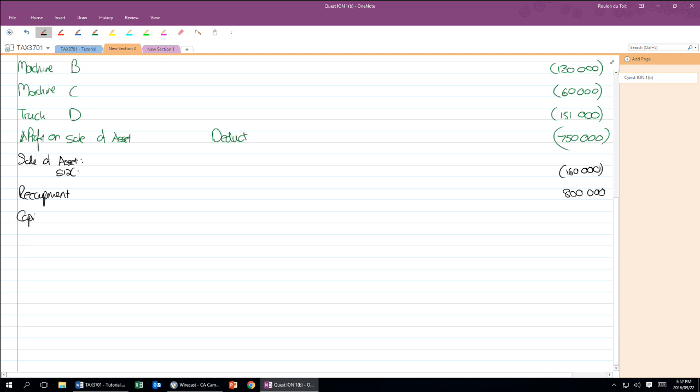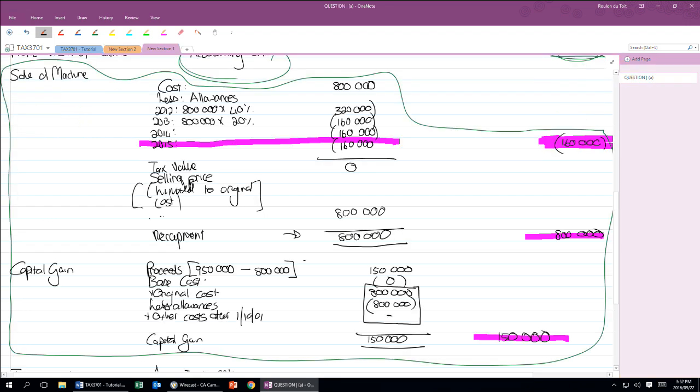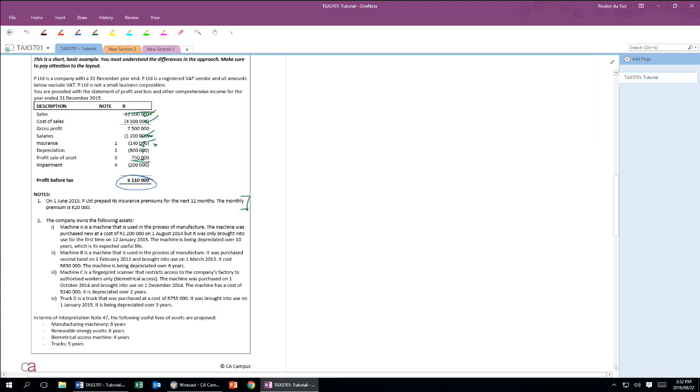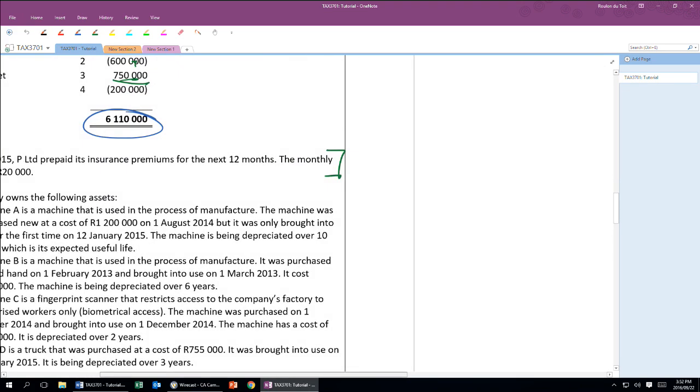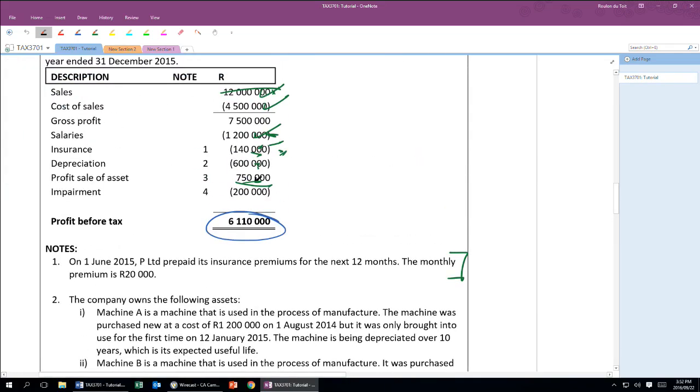And we calculated a capital gain on this of 150,000 rands. And that goes into our CGT column. Right, so although I haven't shown the calculation, please understand that it is exactly the same calculation that we performed in part A. That is basically our profit on sale of the asset.